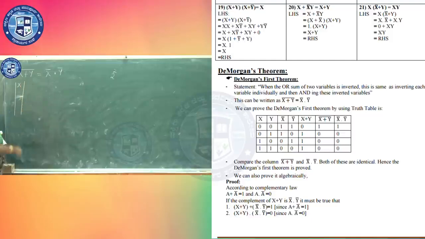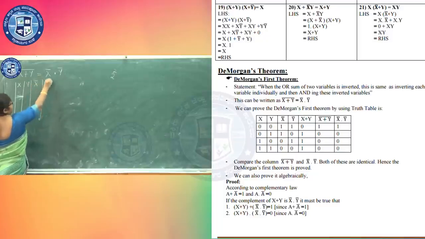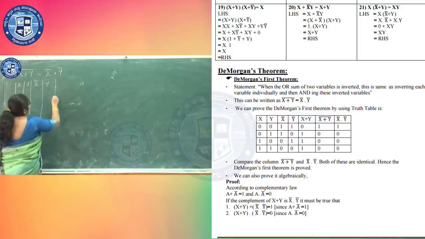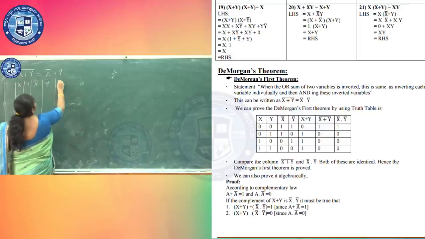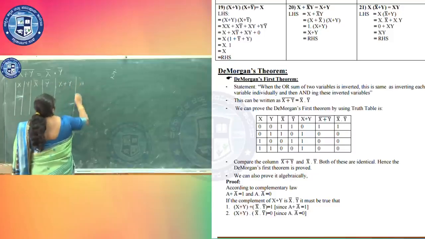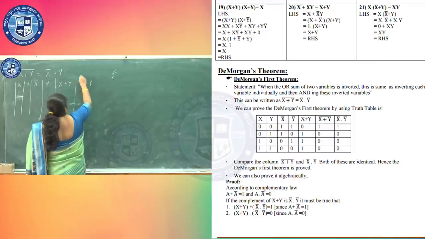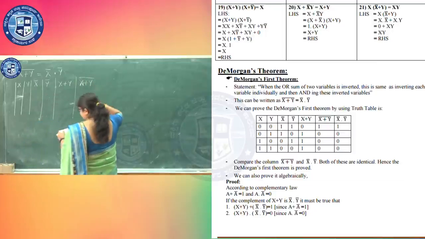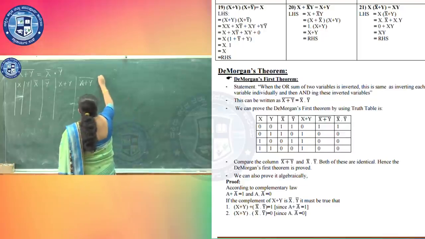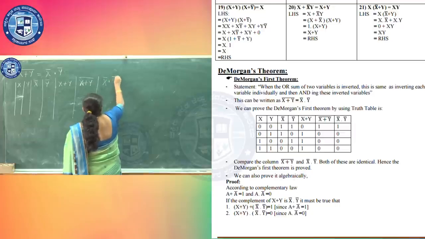One variable we want is x, then we have y. Each individual term, x dash we require, then we require y dash, and we require x plus y, then we require x plus y whole dash, and then x dash and y dash.